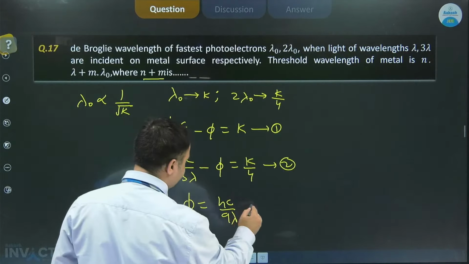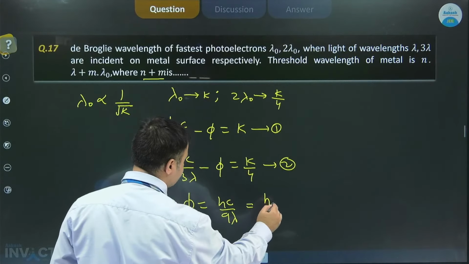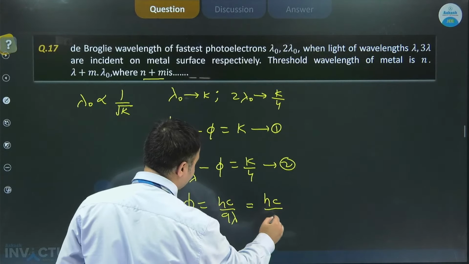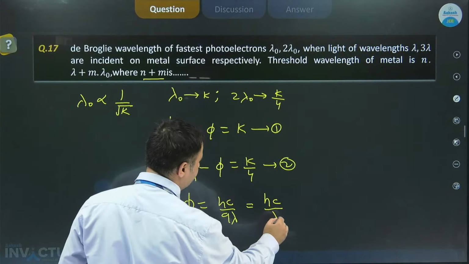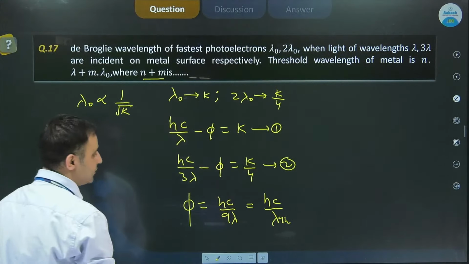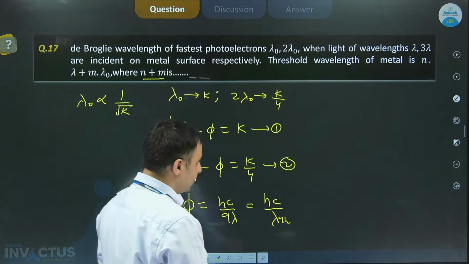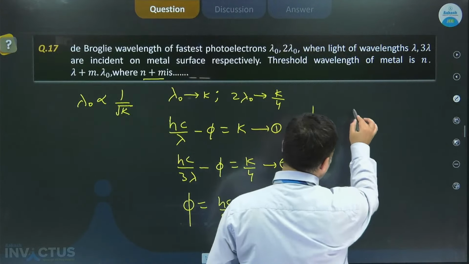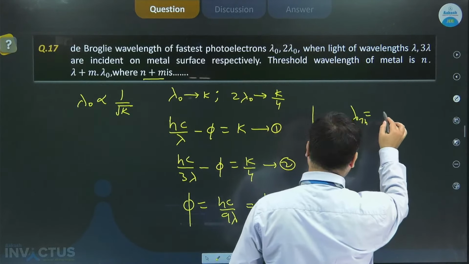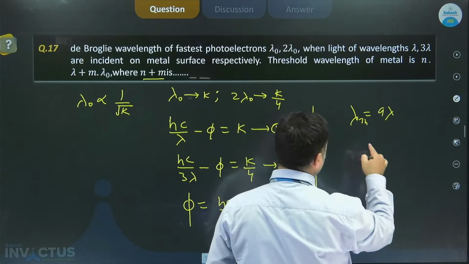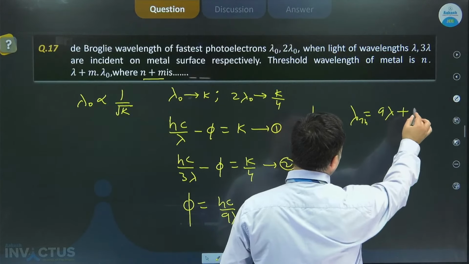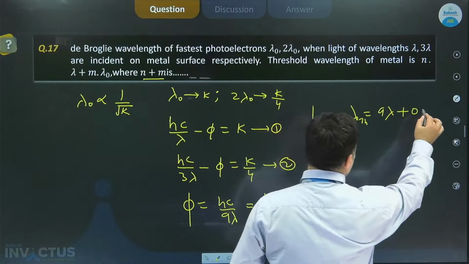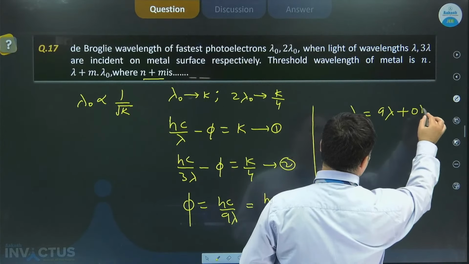Now phi is the work function, so it can be written as hc divided by lambda threshold. So lambda threshold comes out as 9 times lambda. We can write it as 9 times lambda plus 0 times lambda naught.